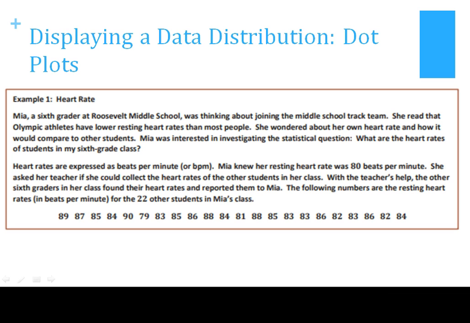They read 89, 87, 85, 84, 90, 79, 83, 85, 86, 88, 84, 81, 88, 85, 83, 83, 86, 82, 83, 86, 82, and 84. How can we organize this data into a meaningful display or model? Let's have a look.